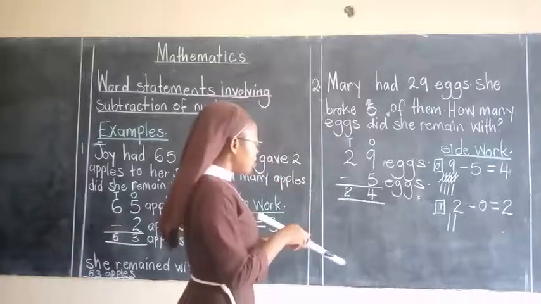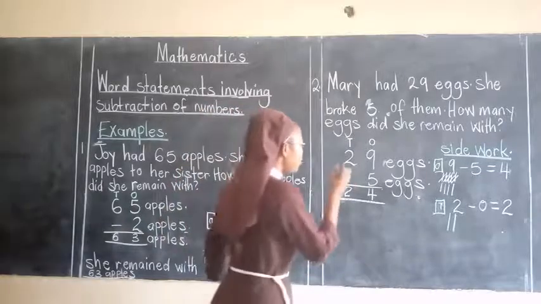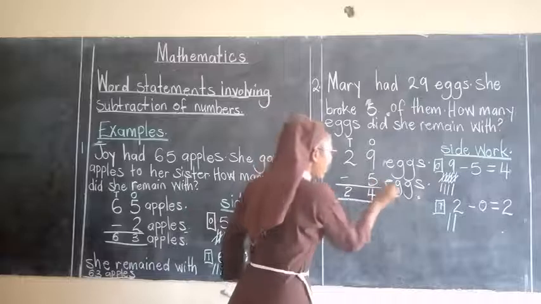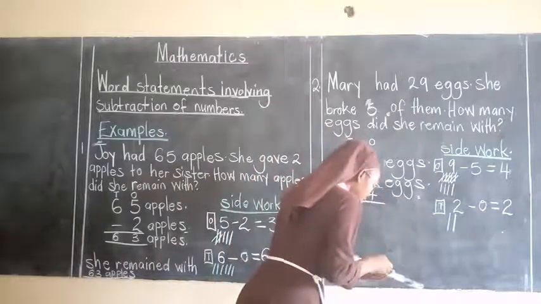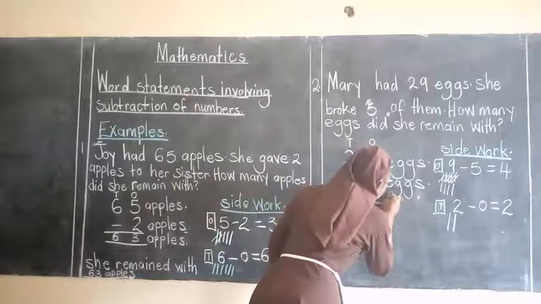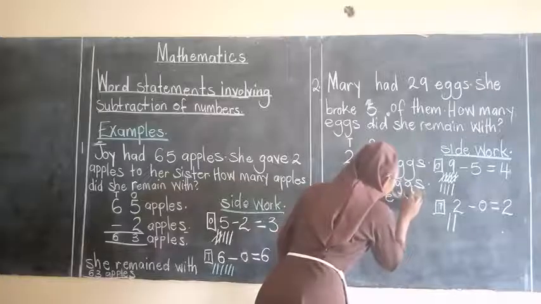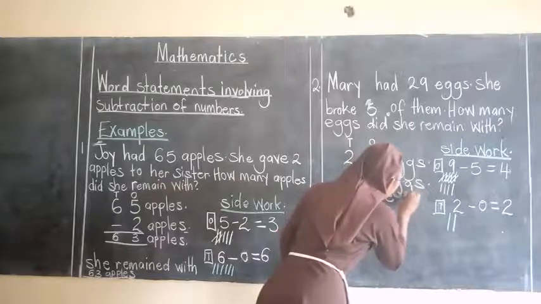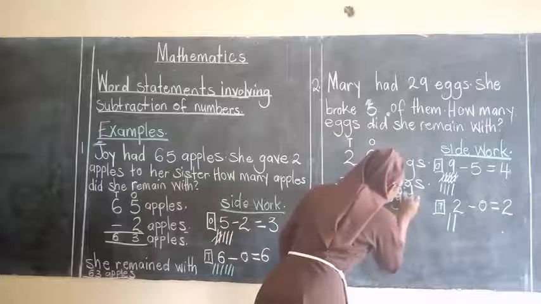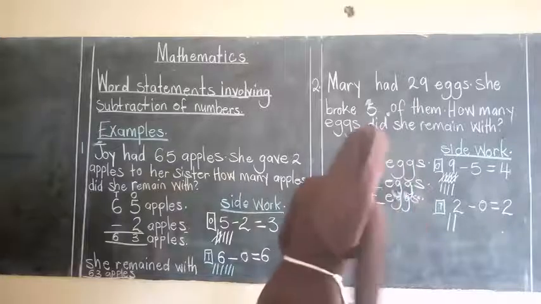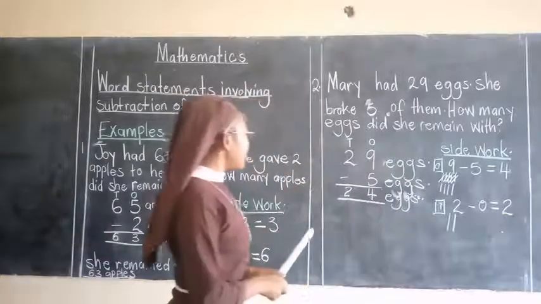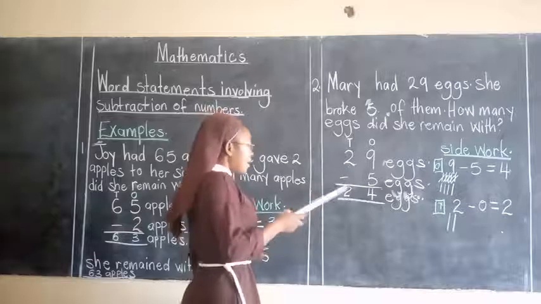The next step is to write our units. Our units are eggs. So we write eggs here. And it will be 29 take away 5.